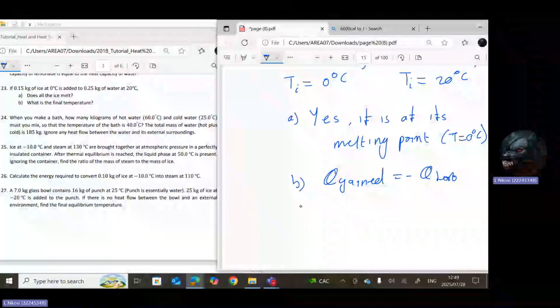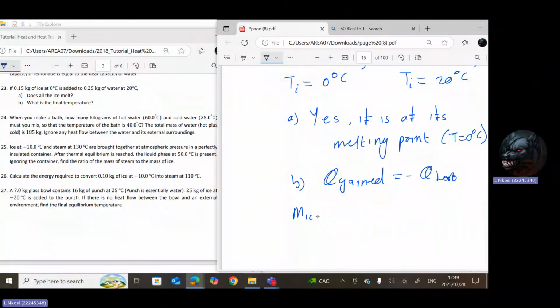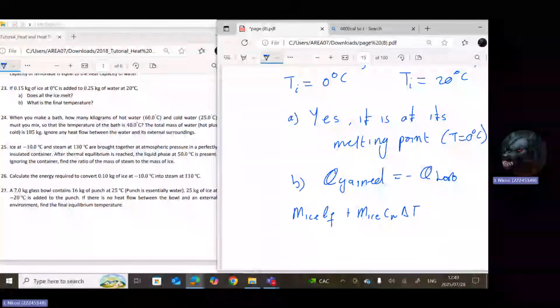So the total heat gained is the mass of the ice times latent heat of fusion plus the mass of the ice, C for water, times change in T. This is the heat responsible for changing the temperature of the water from 0 to the final temperature.